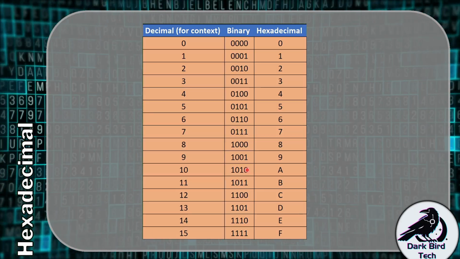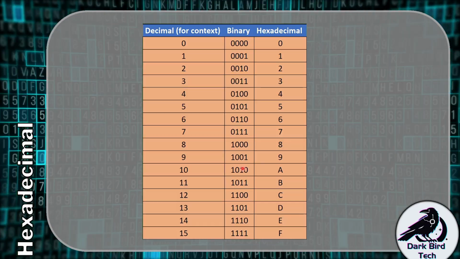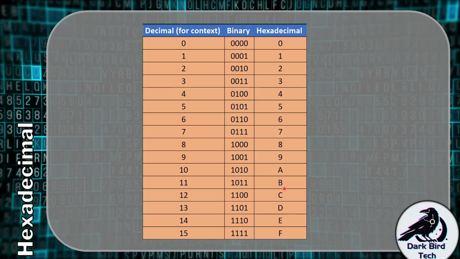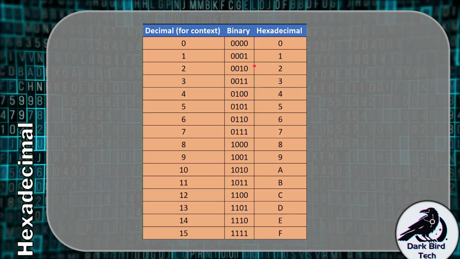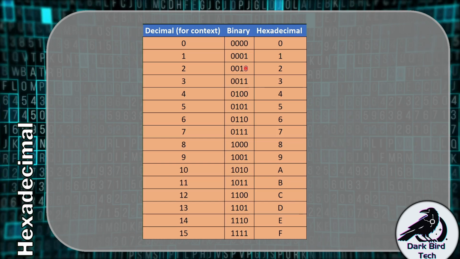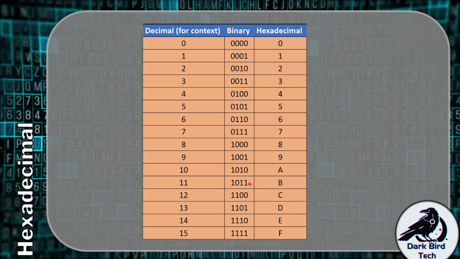So instead of having to go and do some crazy binary to decimal calculations, it's a simple set of substitution. If you see a hexadecimal value of 2, you substitute in 0010. If you see a hexadecimal value of B, you substitute in 1011.